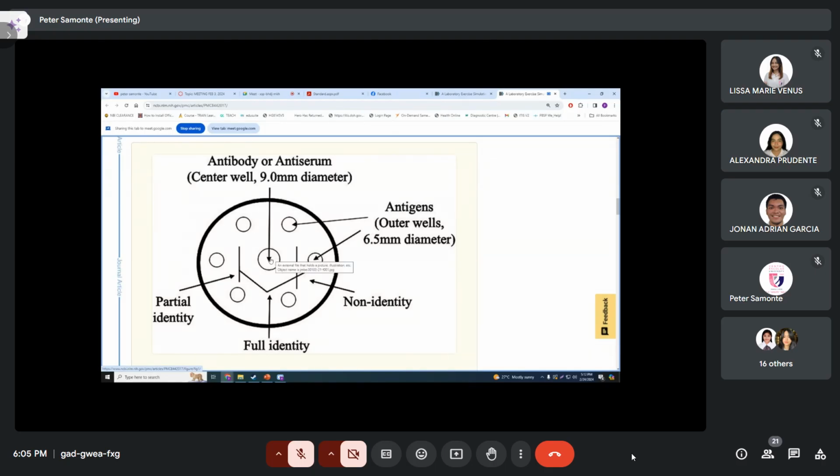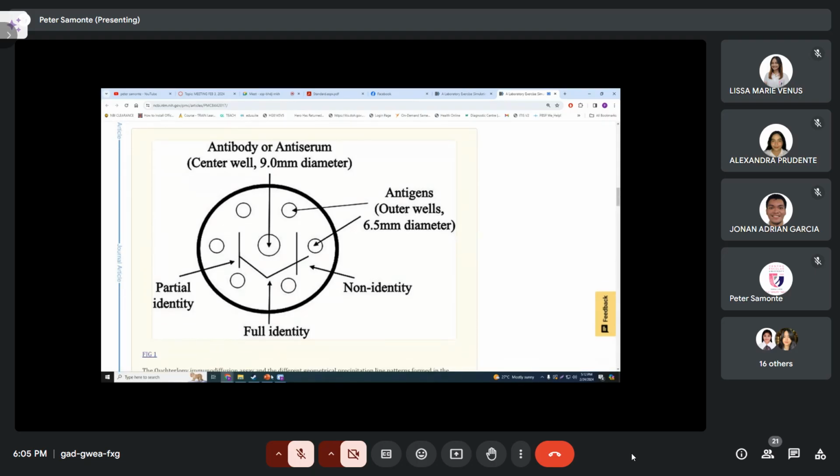Then you would make wells surrounding the center well, and that is where you would add your antigens. Now, upon adding your antigens and your antibody, there would be three possible results that would form, known as identity, non-identity, and partial identity, which I will explain in the PowerPoint.